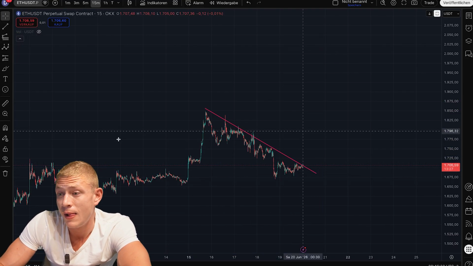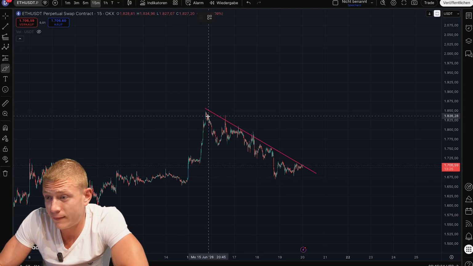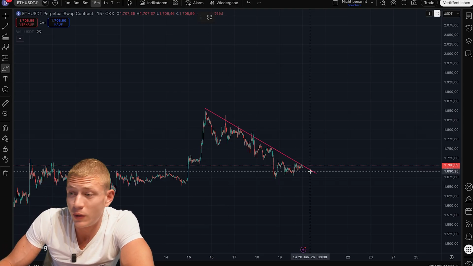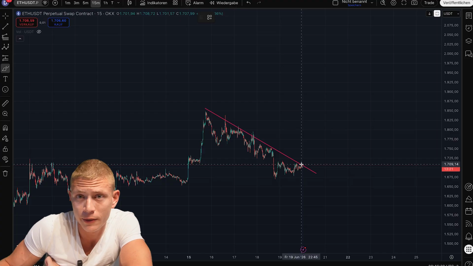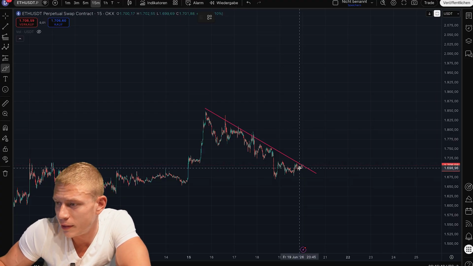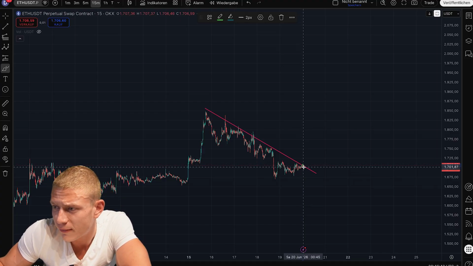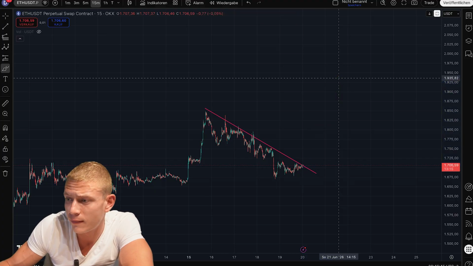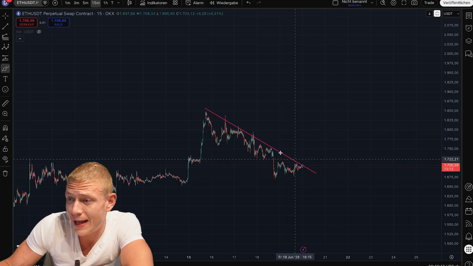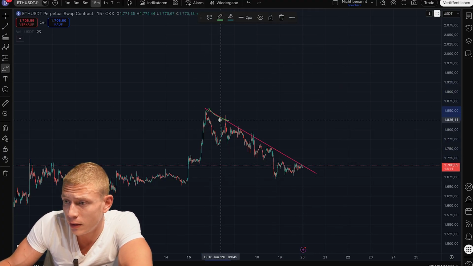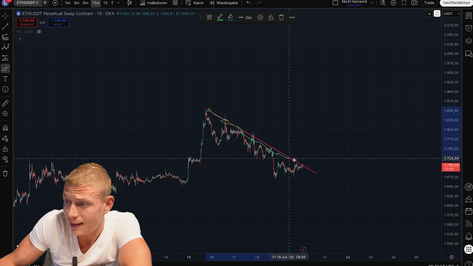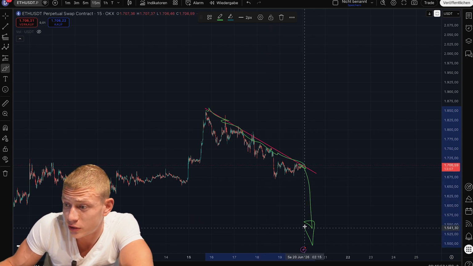Boom. So it's a clear resistance to the downside, but I can tell you right now, you have no way of knowing if it will be broken to the upside and gives, for example, a breakout, or if it just again, like here, gets rejected.